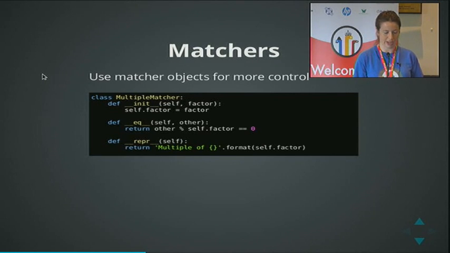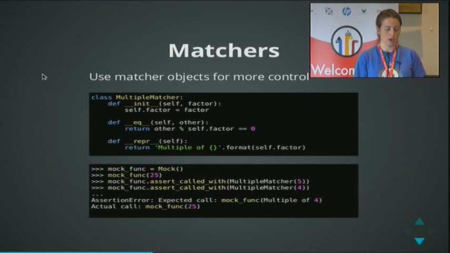I've got a multiple matcher that I can set up with, say, 5, and so when I call my mock function with the value of 25, I can assert that it was called with a multiple of 5, and that passes. I can assert that it was called with a multiple of 4, and that throws an assertion, and I can give it a nice error message to make it clear what went wrong there.